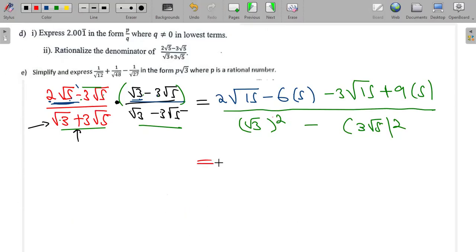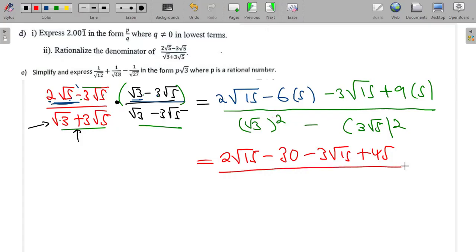So this is just going to be equal to 2 root of 15 minus 30 minus 3 root of 15 plus 45 divided by 3 minus, here, this squared goes to the 3, becomes 9. Then the squared root of 5 becomes 5. So that is 9 multiplied by 5, which is what? 45.